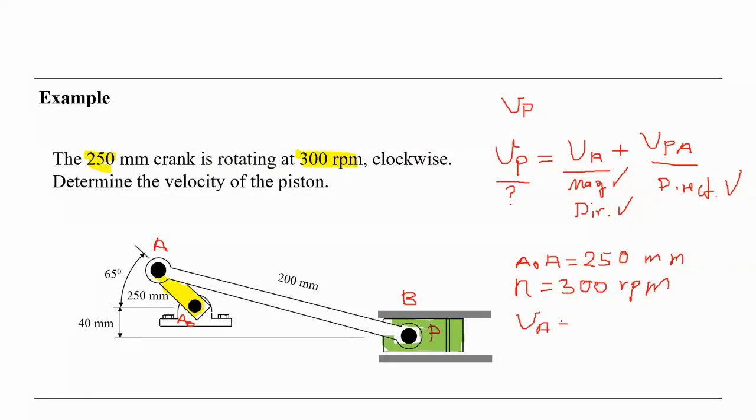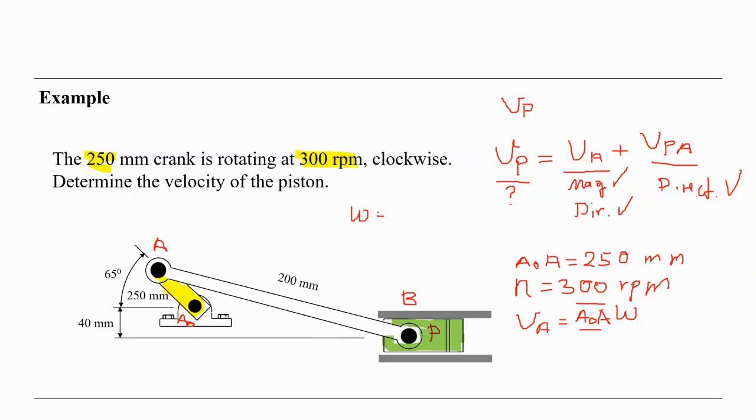So VA is equal to, we know, A0A, the length, times the angular velocity of the crank. So this is known, and the angular velocity we can calculate in that way.